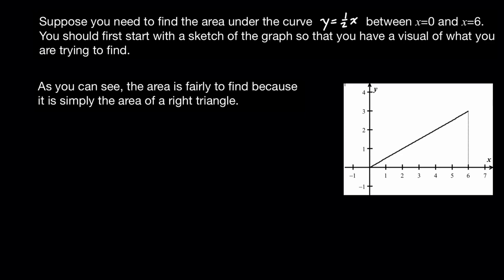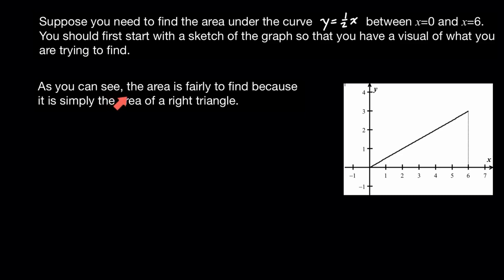All right, so suppose you need to find the area under the curve y equals 1/2 x, which is given right here as this line segment between x equals 0 and x equals 6. You should first start with a sketch to give you a visual of what you're trying to find.